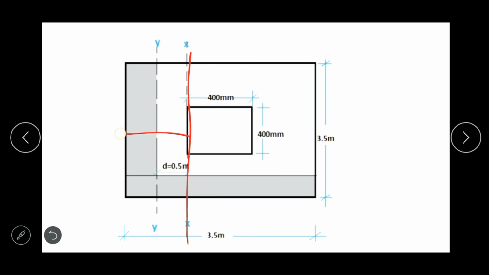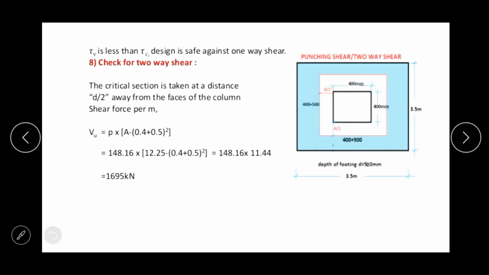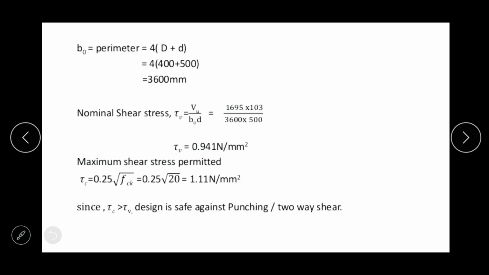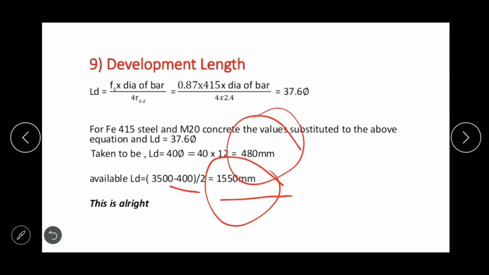This is the total available development length. So the available development length is the total length minus the length of the column divided by 2. This is equal to 1550 mm, which is much higher than the required development length. So this is okay and all right.